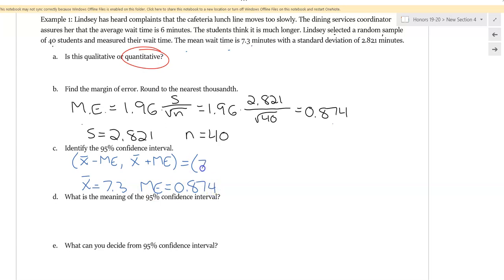So we have 7.3 minus 0.874 and 7.3 plus 0.874.